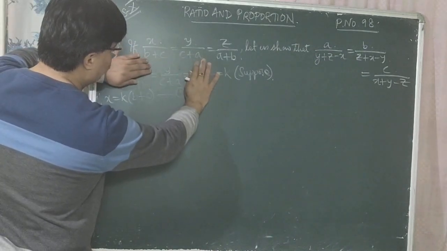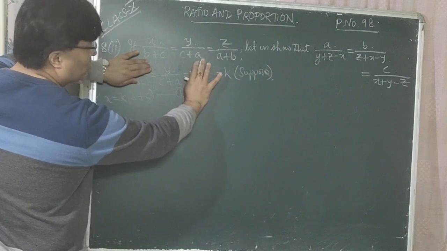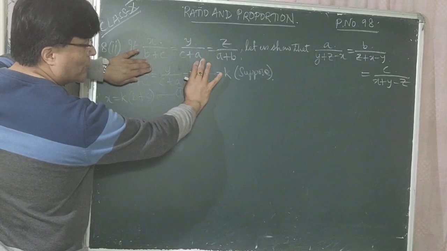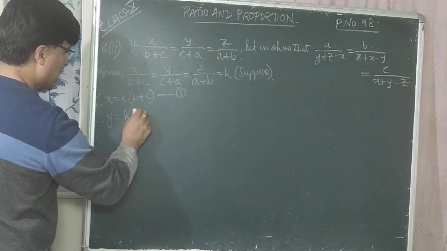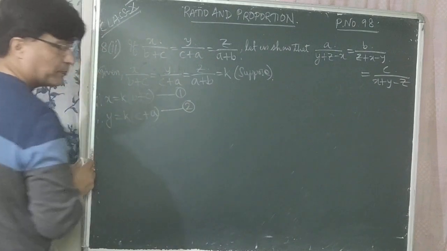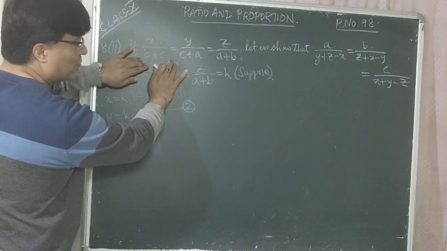Similarly, hiding this first and third. What is the value for y? You can do cross multiplication here, isn't it? Y is equal to k into c plus a. You know cross multiplication, right? So therefore y is equal to k into c plus a. So this is your number 2. Again, hiding this first and second. What is the value for z?